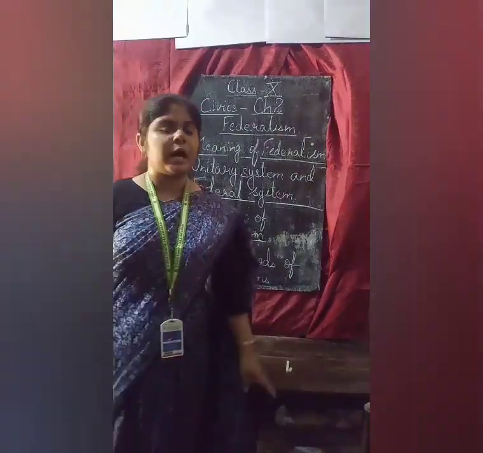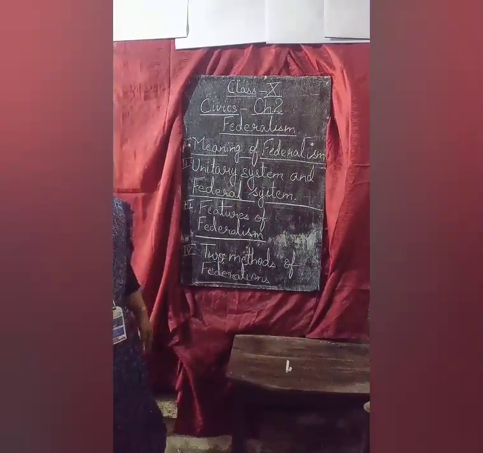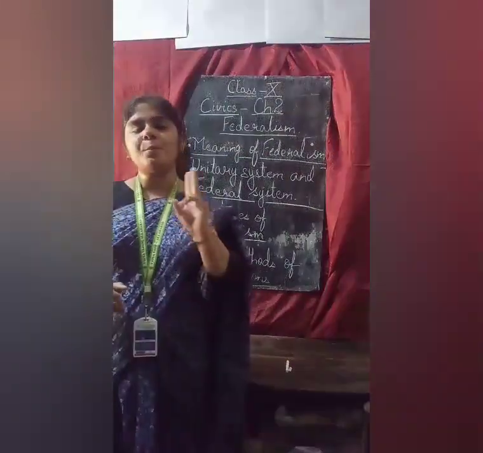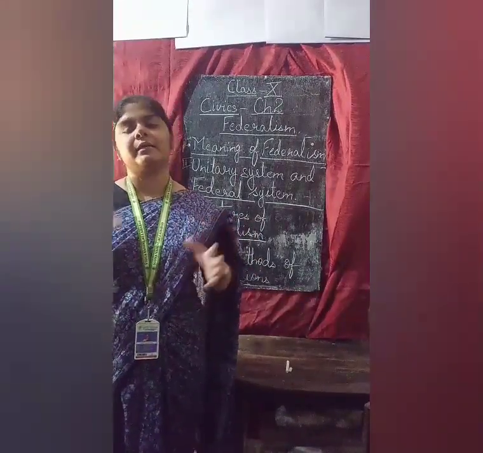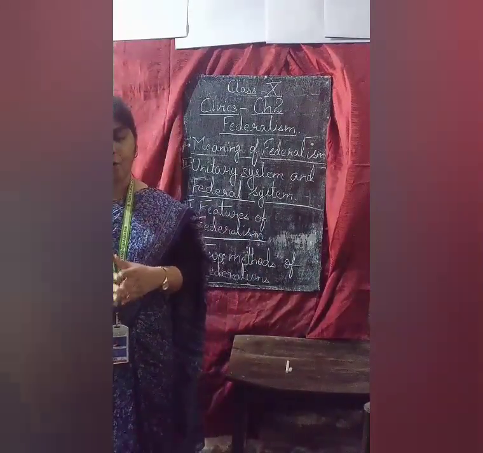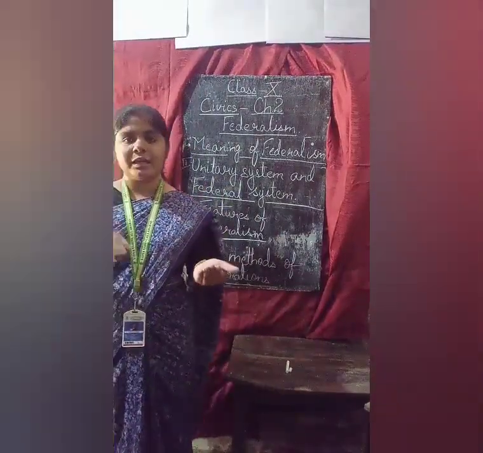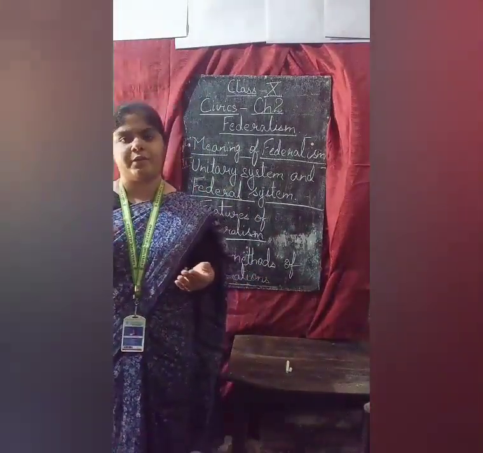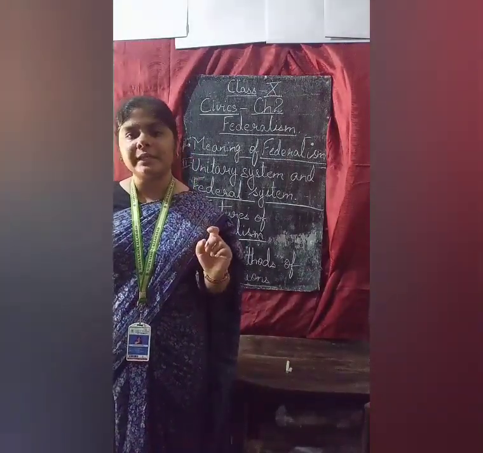Fine. Now, the last topic is the two methods of federation. There are two ways of federation which different countries follow. In India, we have a different way of federation, and in USA, there is a different way. Now, you must know the full form of USA.